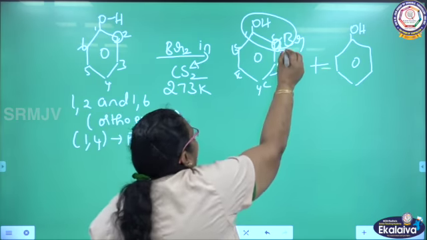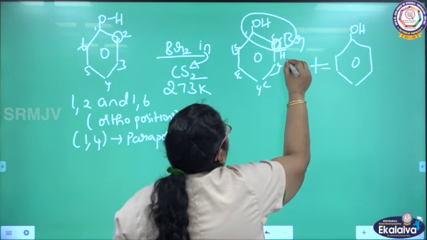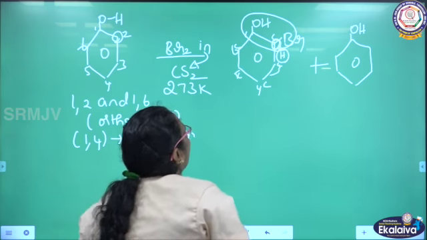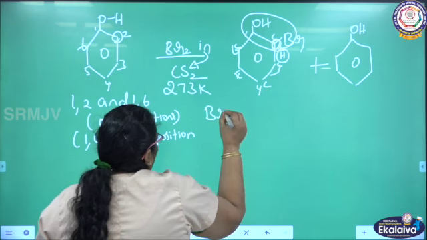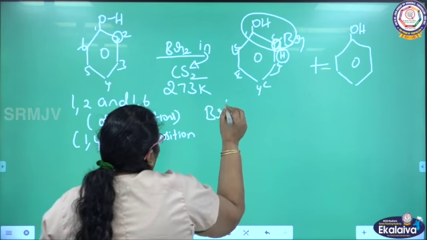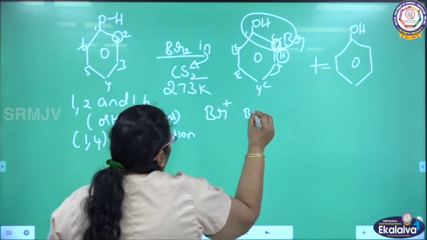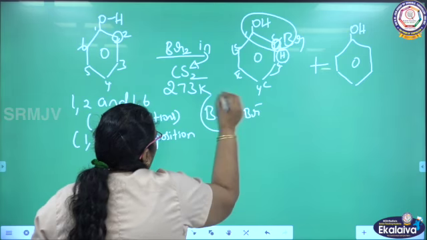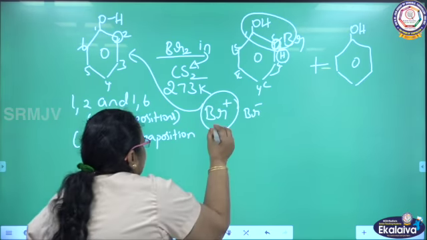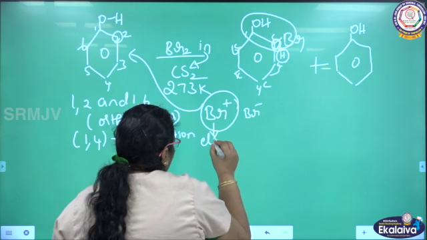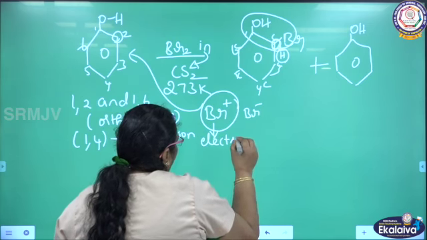In the place of hydrogen, bromine is substituted. This hydrogen is removed and it reacts with one more bromine. So one bromine will be positive, another bromine will be negative. The positive one will attack the benzene ring. So it is the electrophile.